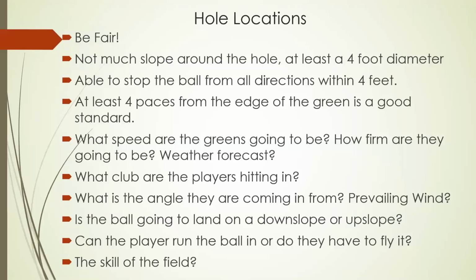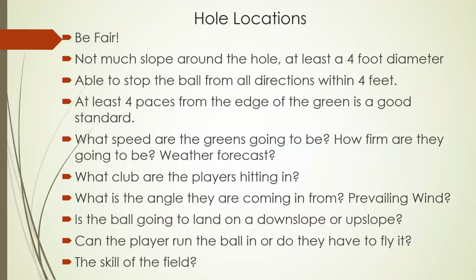I'm always trying to figure out who the field is and what they're hitting into the hole. What angle is the player coming from? What's the prevailing wind? Is the ball going to land on a downslope or an upslope? Does the player have to fly the ball in there? Do they have to carry a bunker or water or long rough, or can they run it in? And obviously just the overall skill of the field.